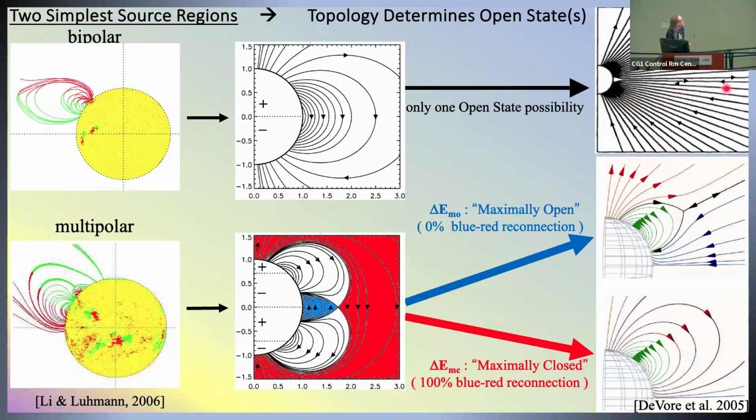And so here, because you've got field going the opposite way, you've now got a heliospheric current sheet stretched all the way out to infinity. So this configuration is the most magnetic energy I could put into this system. So that's a convenient thing if you're worried about how big is your CME going to be.